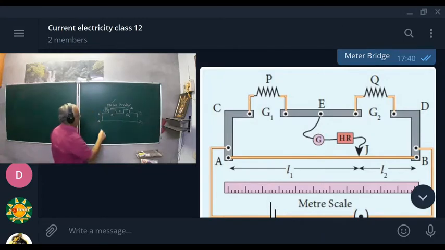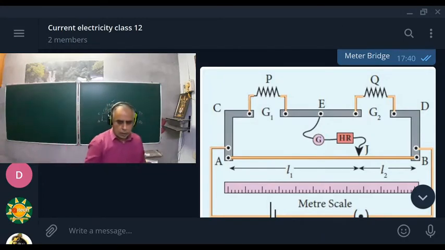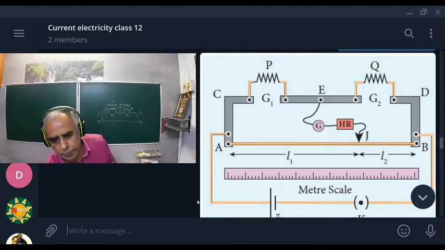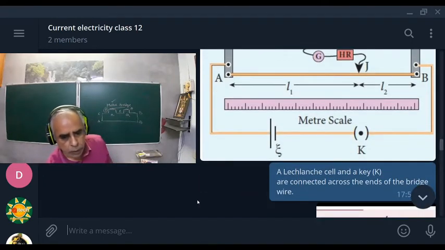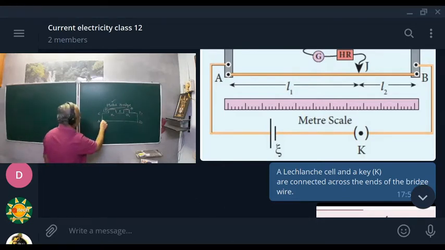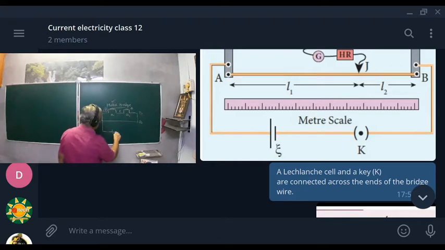And you just look at that. It is connected through a battery. You can introduce a Leclanché cell here, and you can provide a key here. So this is a simple circuit diagram, a schematic diagram.